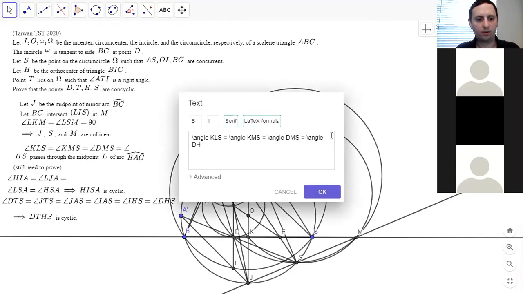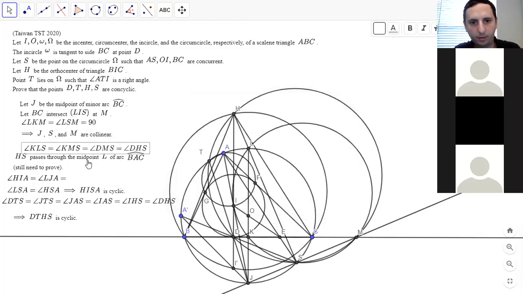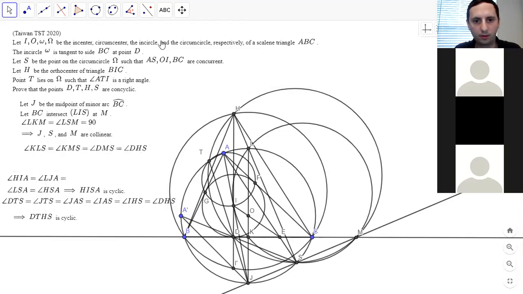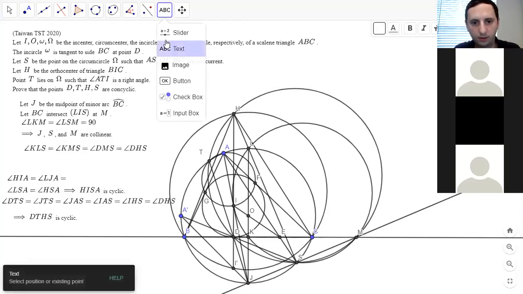So that means that KL is parallel to DH. So that means that L is the midpoint of arc BAC.